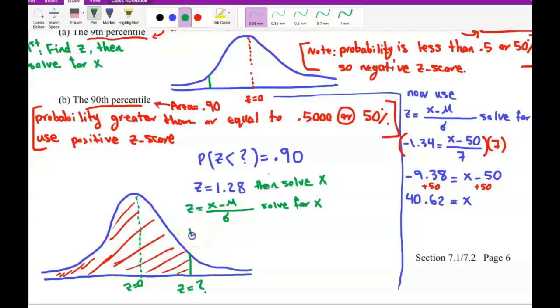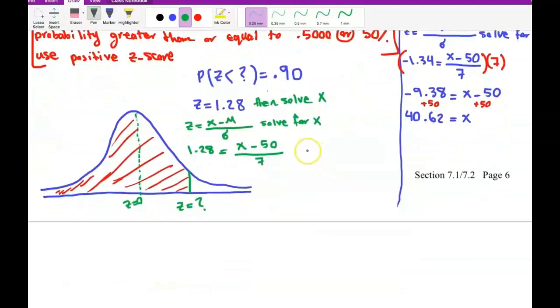Now z is 1.28 equal to x minus mean, which is 50, divided by standard deviation, which is again 7. So here again you can multiply by 7 all of this, or use cross product. So 7 times 1.28 equal to x minus 50. Here the denominator is equal to 1, so equal to 1 times x minus 50. So what we have is 8.96 equal to x minus 50. So solving for x is 58.96.